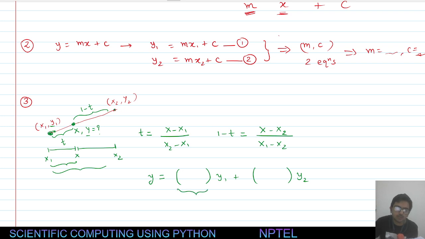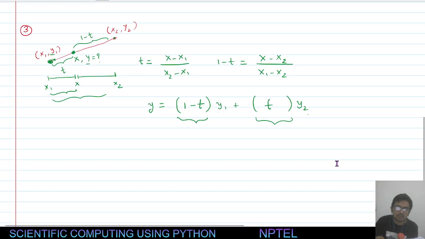So these two are our weights, right? We are taking a weighted average of y1 and y2. So the weight should be proportional to 1 minus t here, and here it should be t. So now we can write this as x minus x2 divided by x1 minus x2 times y1 plus, t is x minus x1 divided by x2 minus x1, times y2.